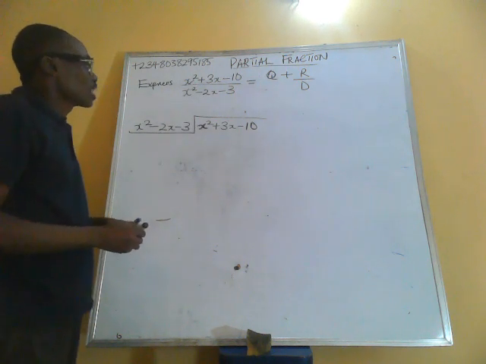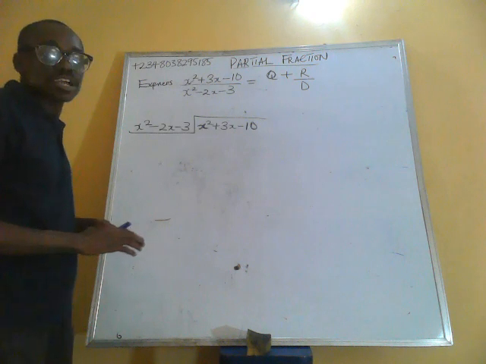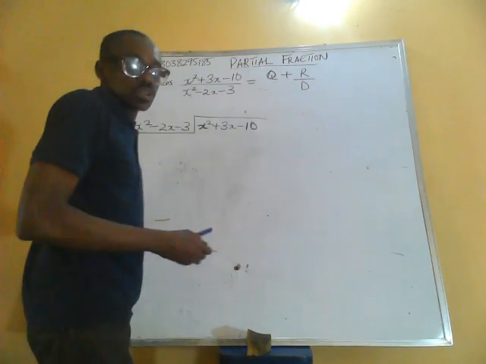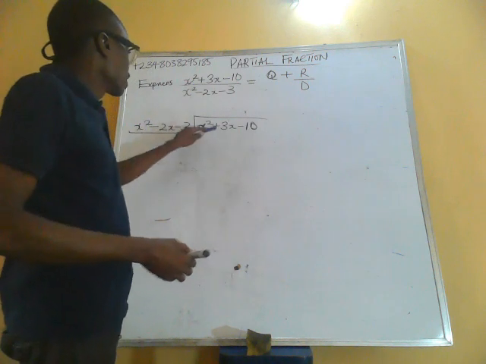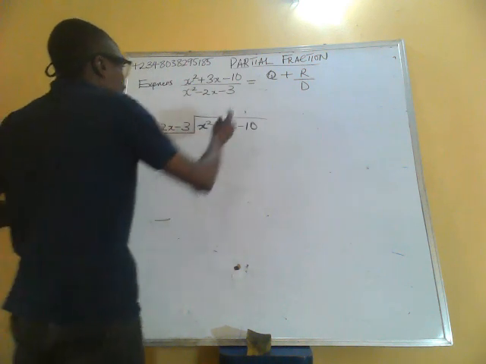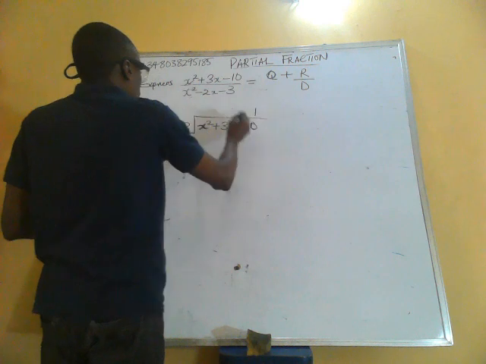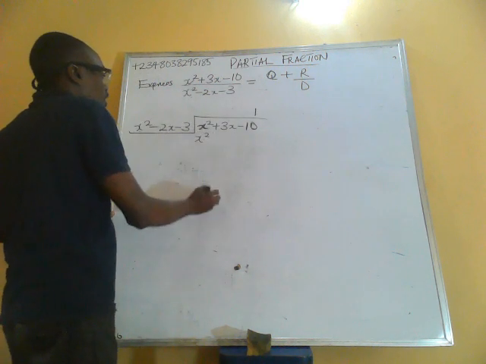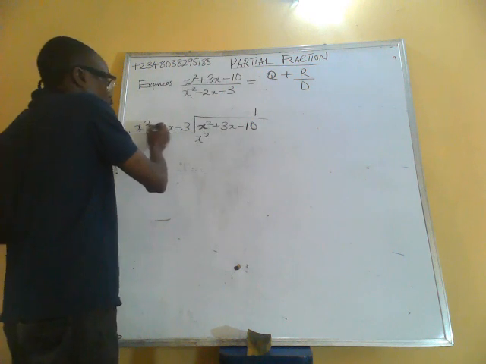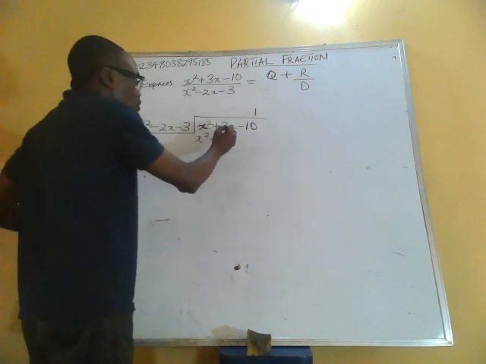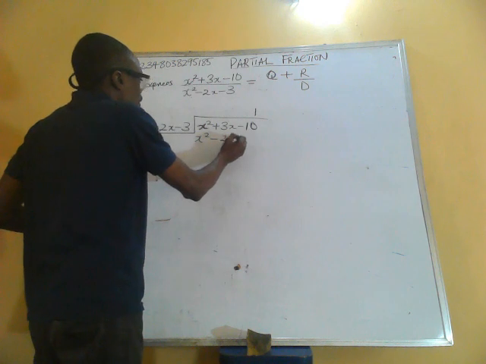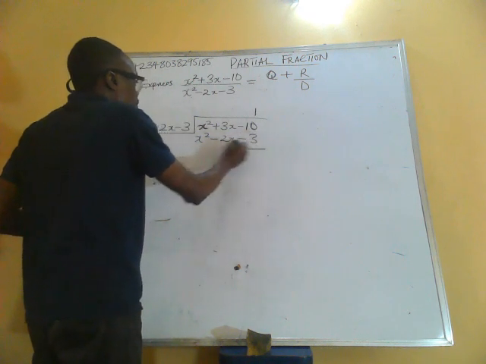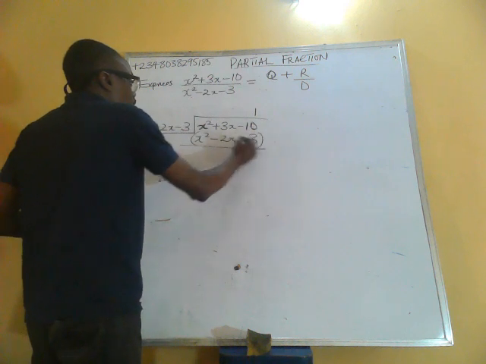So what is x squared in x squared? x squared in x squared is 1. So 1 times x squared gives us x squared. 1 times minus 2x gives us minus 2x. 1 times minus 3 gives us minus 3. So we're going to subtract.